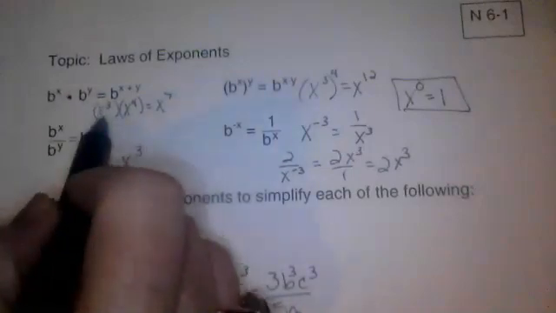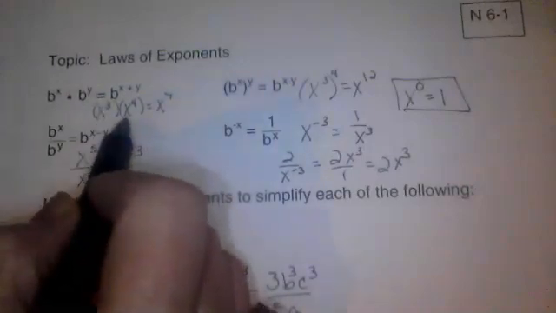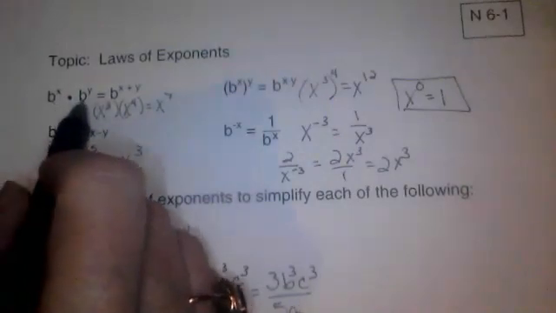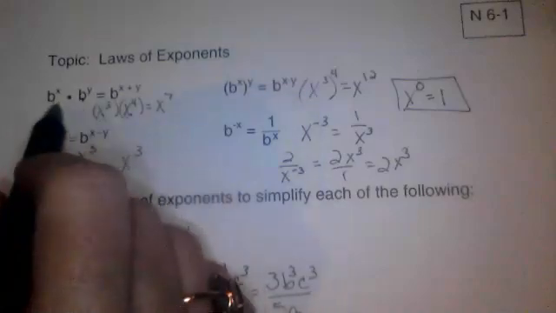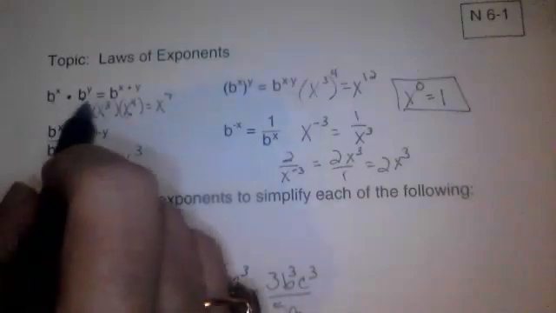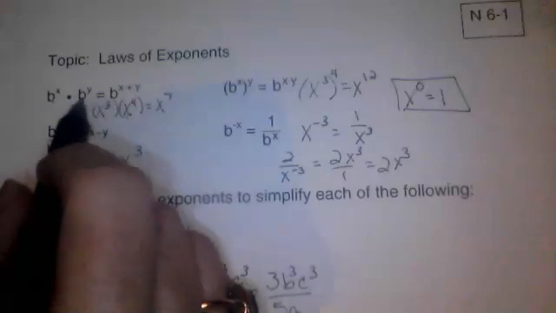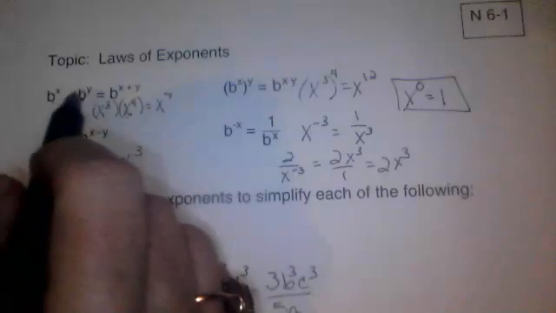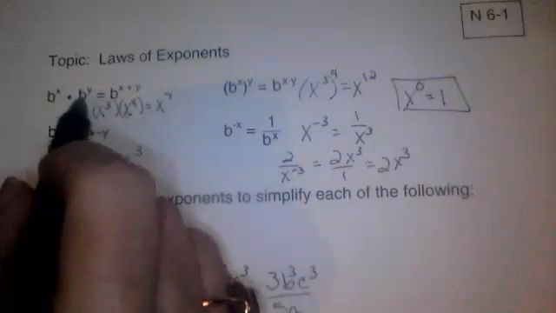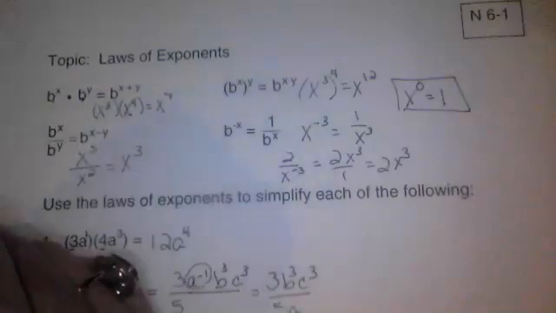I chose for it to be a letter, but this b could as well have been a number. And the rule still applies because x represents a number as well. So what I'm telling you is that you don't multiply. I didn't multiply x times x. I multiplied and added the exponents. The b part, the x, stayed the same.